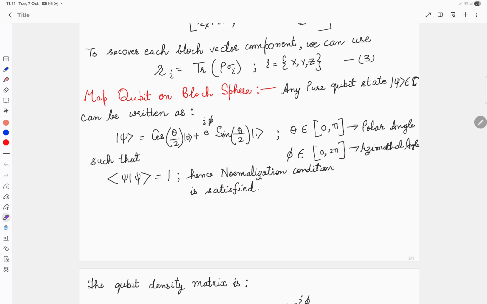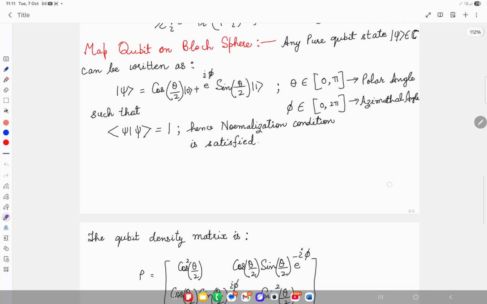These are basically the specifications of the Bloch sphere. And this quantum state is normalized, of course, and the norm is equal to 1. That means the inner product of ket psi with itself is 1. Hence, the normalization condition is satisfied.